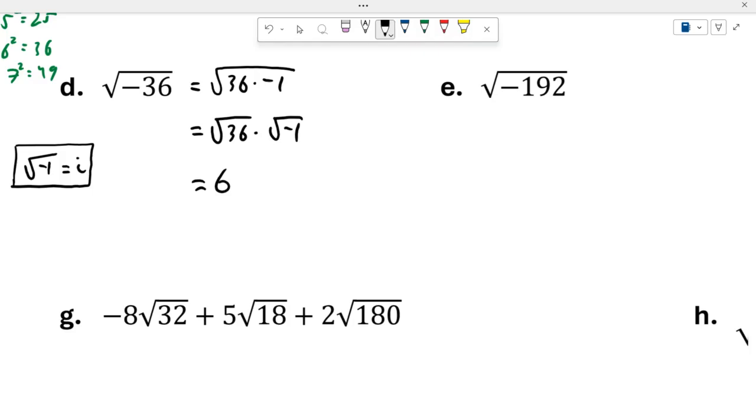This is the definition of i. So i is defined as the square root of negative 1, which is exactly what I have here. And that's as simple as I can make that.